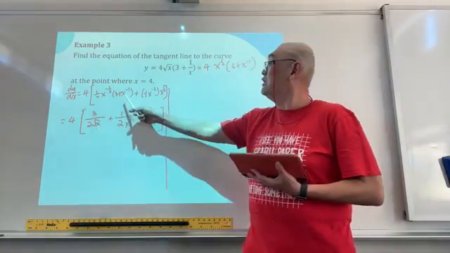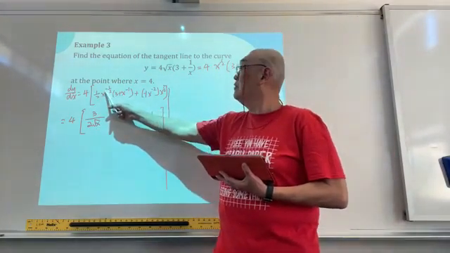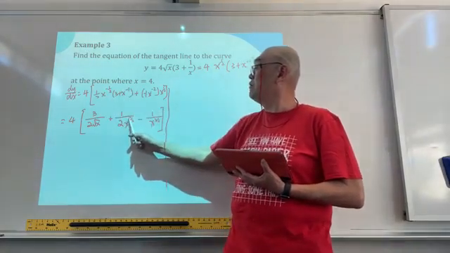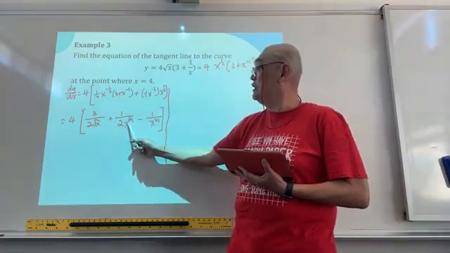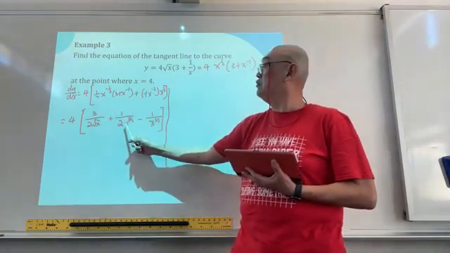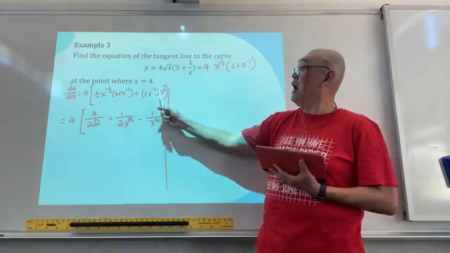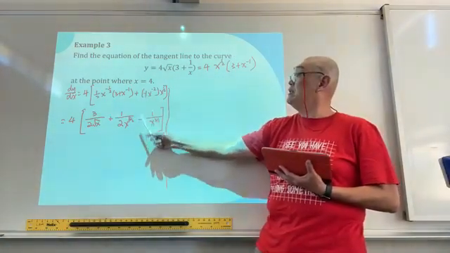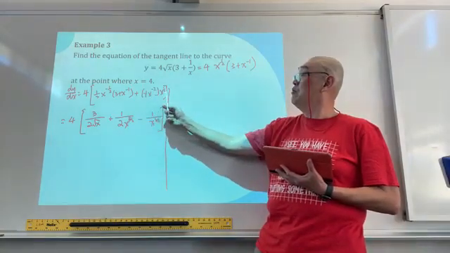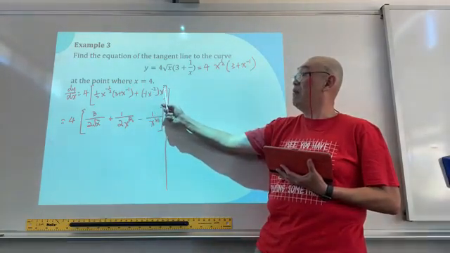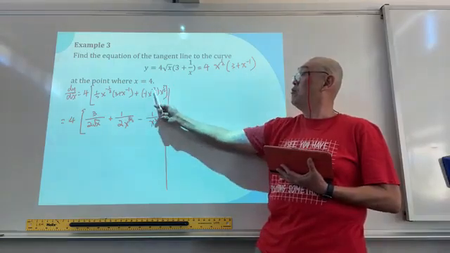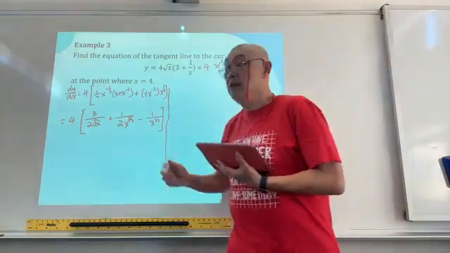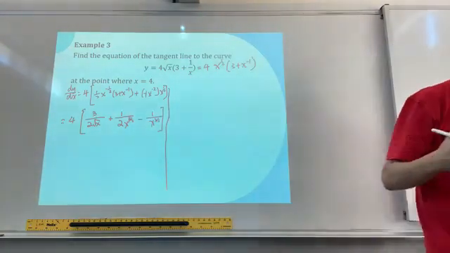Next one, x to the power of minus half times x to the power of minus 1, so it's x to the power of minus 3 over 2, which is the denominator. And I use a bracket so that I know there's a negative, so it's minus x to the power of minus 2 times x to the power of half. So minus 2 plus half is minus 3 over 2. Now, I'm not actually going to simplify that.